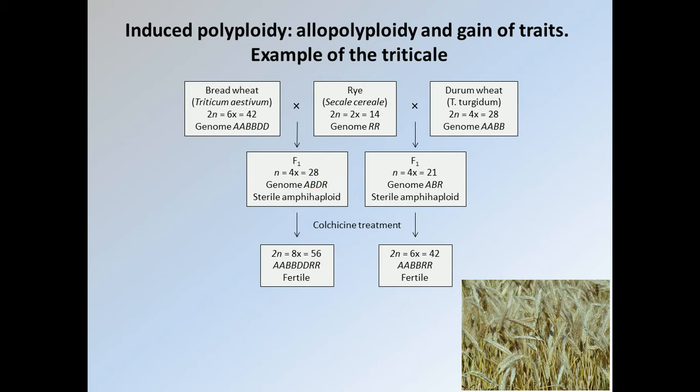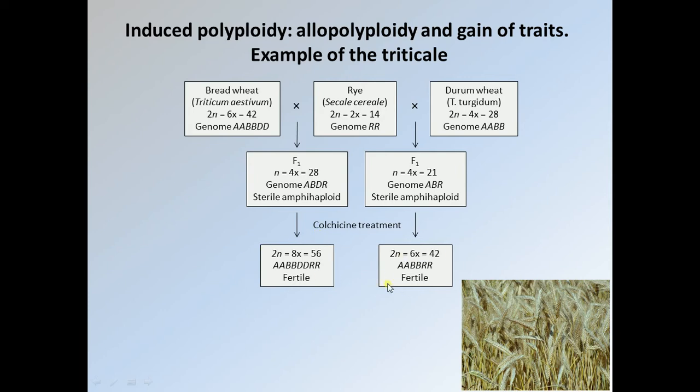But now that they are polyploidized, chromosomes from genome A will be able to form duplexes with the other chromosome from genome A, B with B, D with D, and R with R. So in the end, this polyploid hybrid will actually behave as a diploid in terms of meiosis behavior.